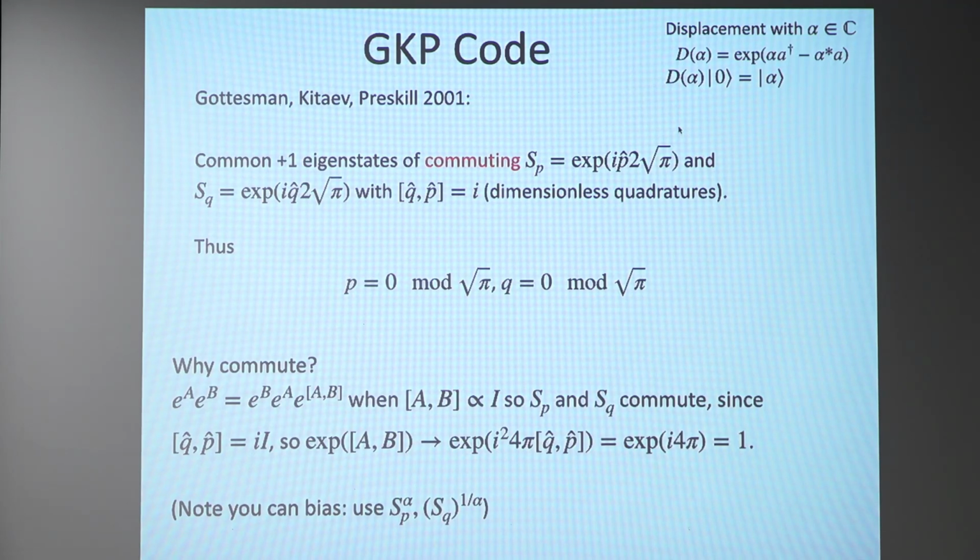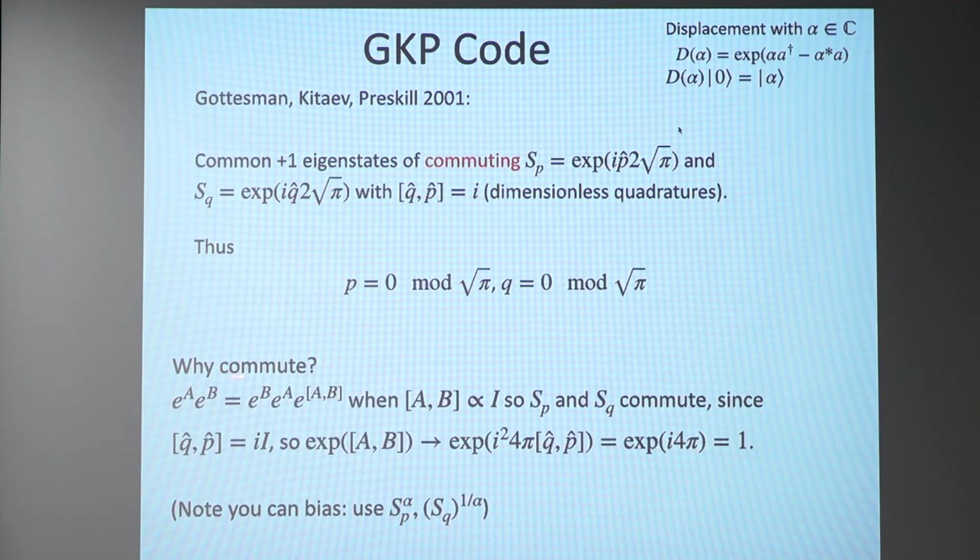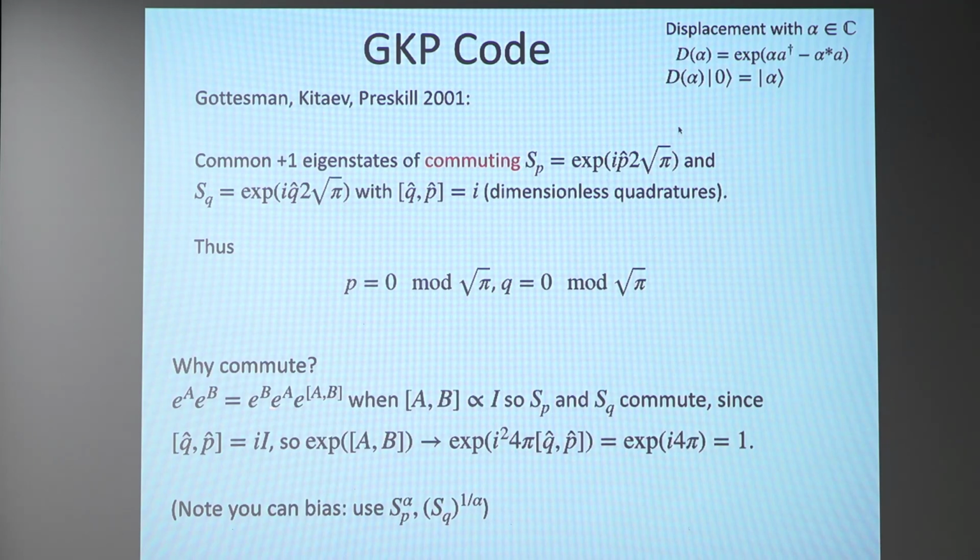So I only have the commutator of A and B, which is proportional to the identity. You can do the same for e to the B and e to the A, and then with some math you can convince yourself of this relation. So e to the A commutes with e to the B when e to the commutator of A and B is a phase that's equal to 1.